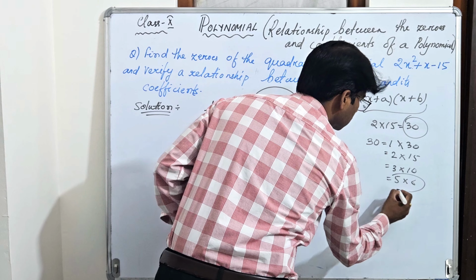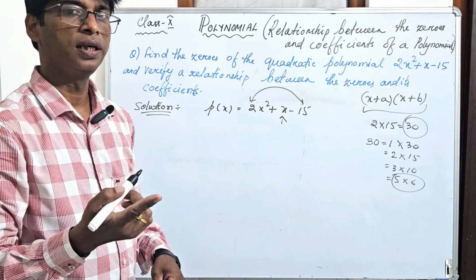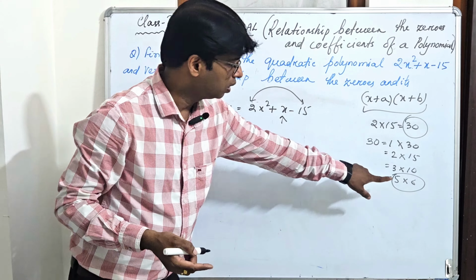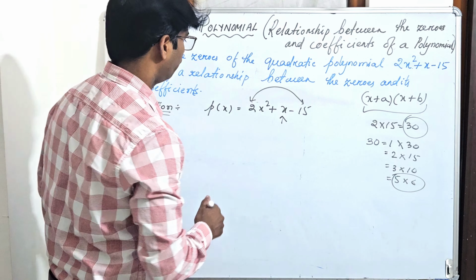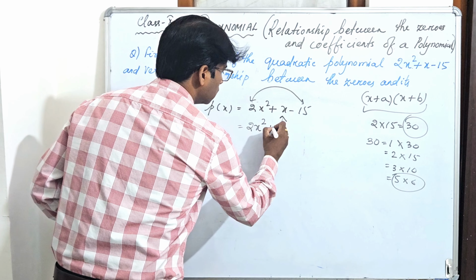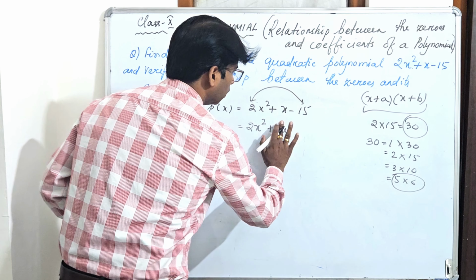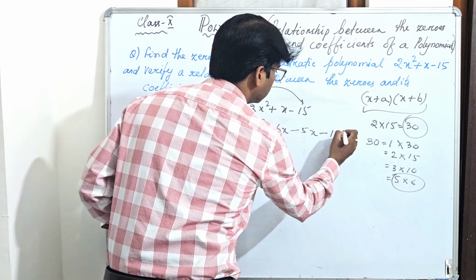Here we judge: 5 into 6 is 30 and 6 minus 5 is equal to 1. So we can use 6 and 5. Let us split the middle term. It will be 2x square plus 6x minus 5x minus 15.